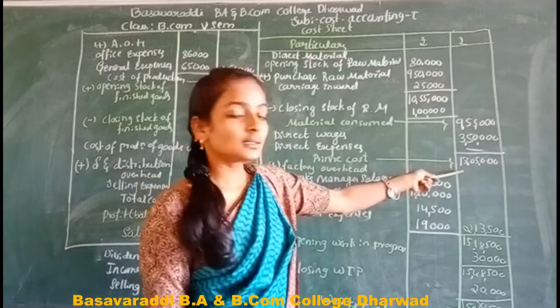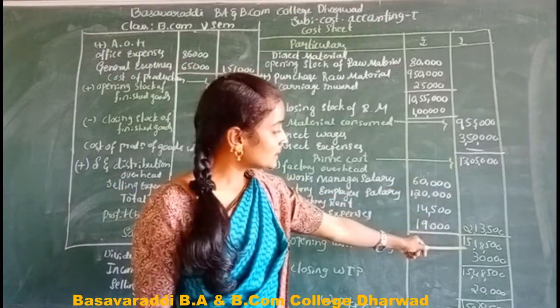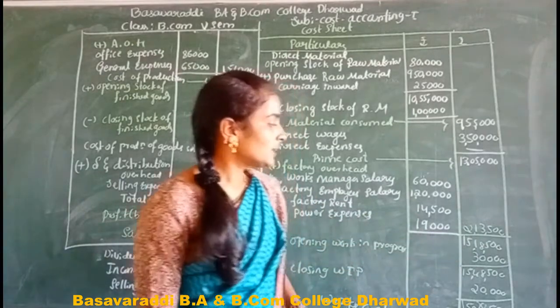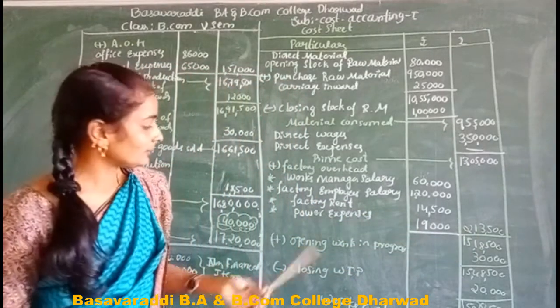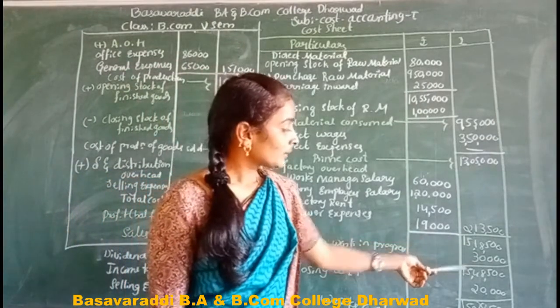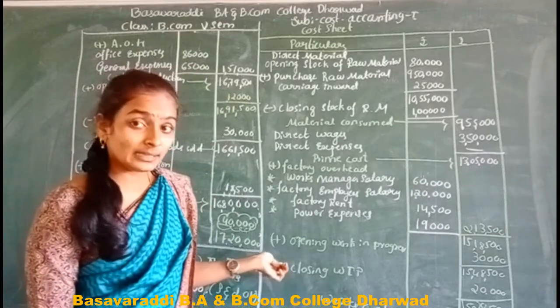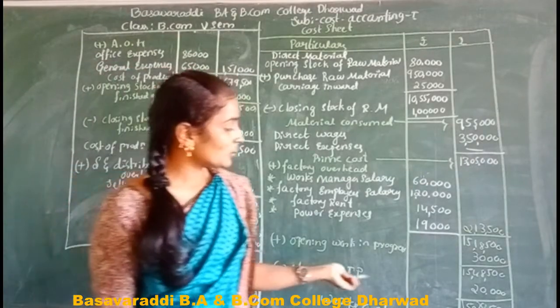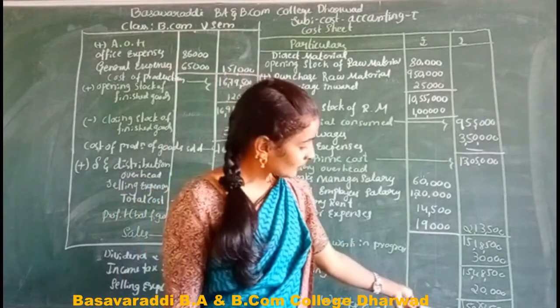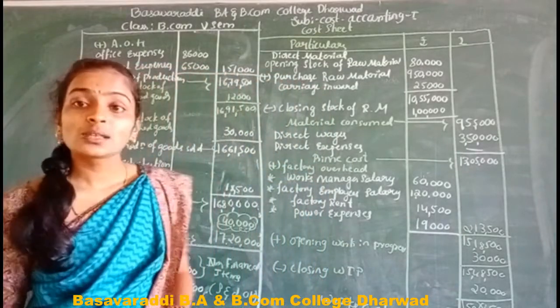Prime cost 13,05,000 plus 2,13,500 is 15,18,500. In that, add opening work in progress 30,000, 15,48,500. Deduct closing work in progress 20,000, 15,28,500 is called works cost.